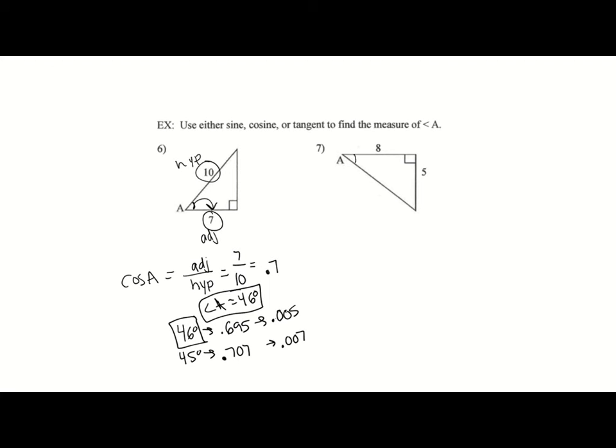Okay, 7. My A is right here. I have my opposite over my adjacent. When I have the opposite and adjacent sides, I am going to use tangent because the tangent is equal to opposite over adjacent. But in this case, it is 5/8.